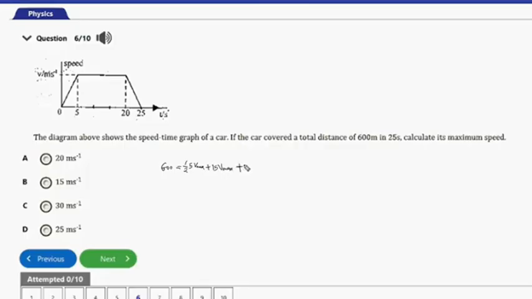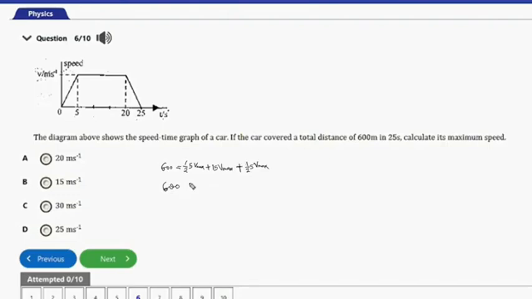So we're going to add that to the last speed here. So that's the speed here between 20 to 25. So we have half of 25 minus 20, that's 5. So half of 5 times Vmax.